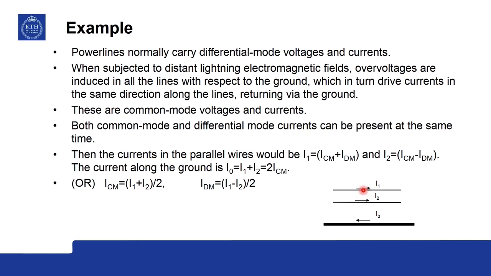Since they are in the same direction, common mode currents can produce quite large fields even with small currents at a distance, whereas if it is differential mode, these two currents are opposing each other, so it will not produce as much field far from it.